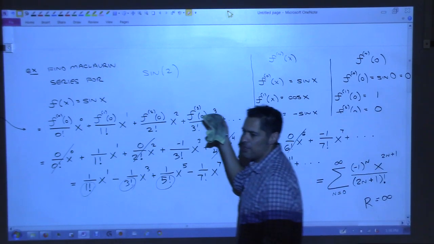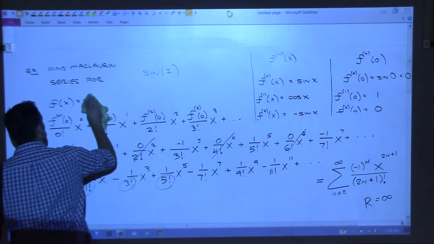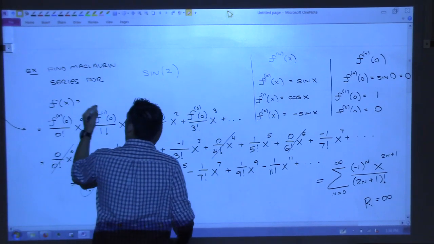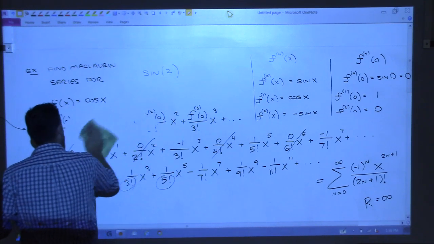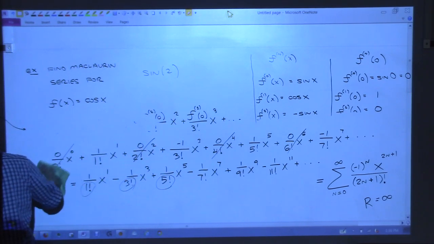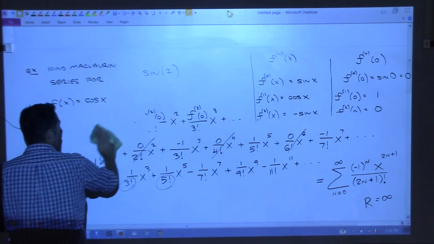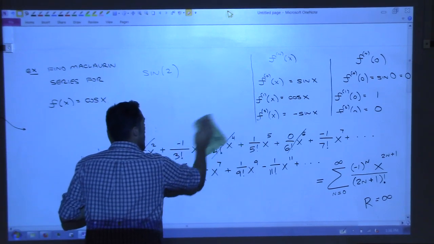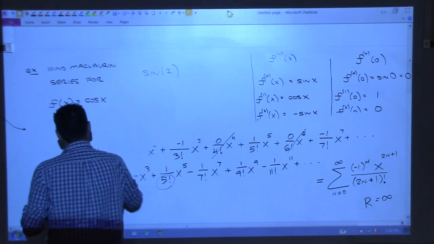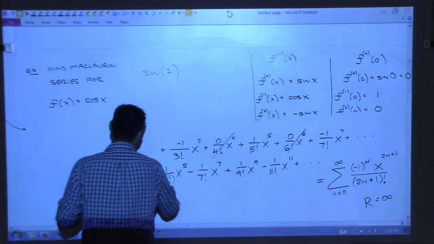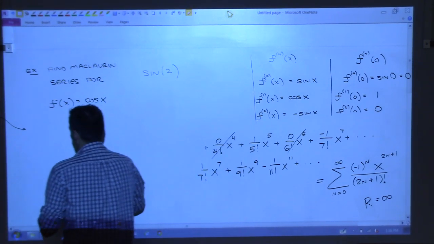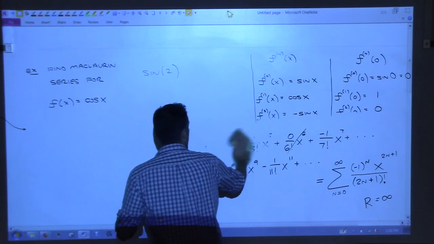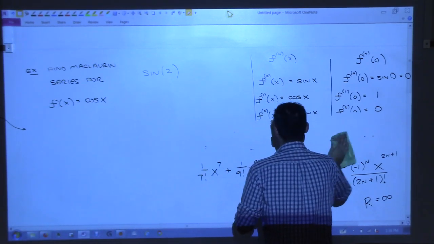Let's find the Maclaurin series for cosine now. And we should get a bunch of even numbers for powers.